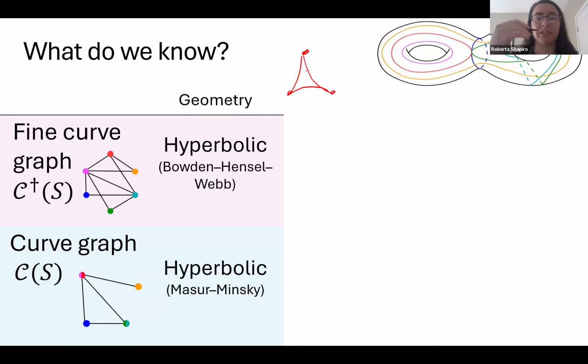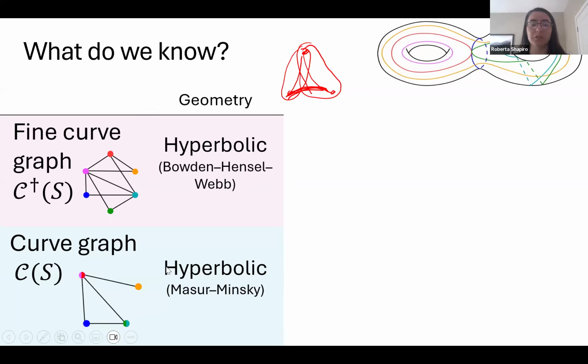It means that there is a constant delta for your space, so that if you look at the delta neighborhood of any two edges, you contain the third edge. That's how we can translate this idea of hyperbolicity to metric spaces in general.